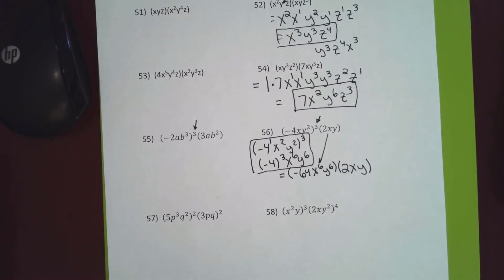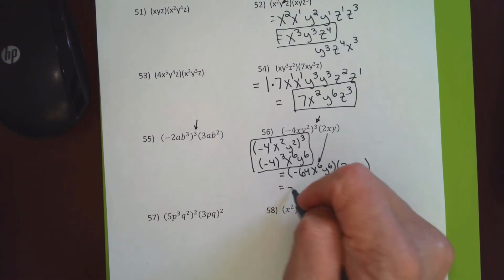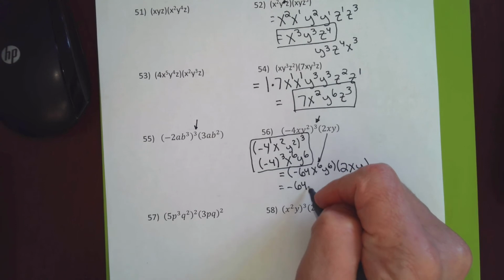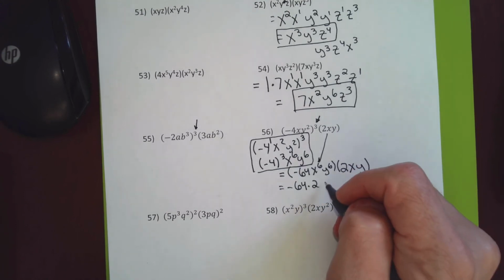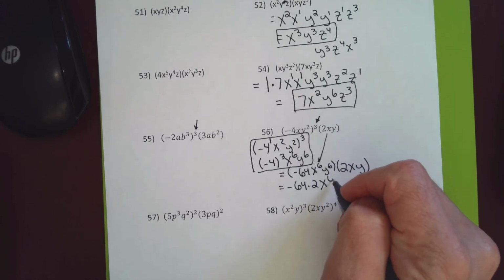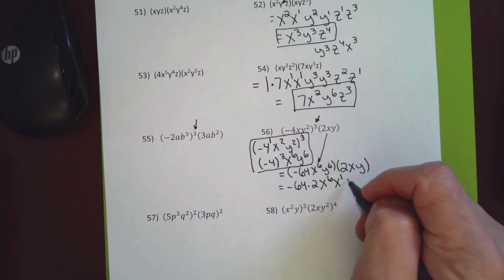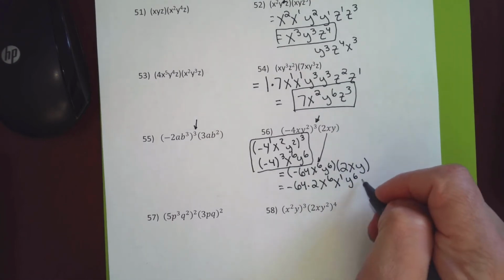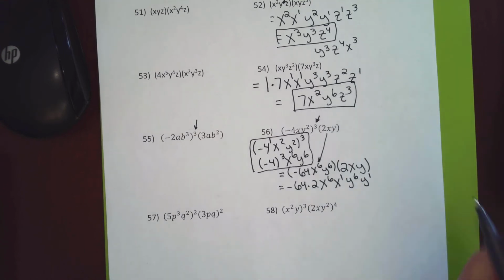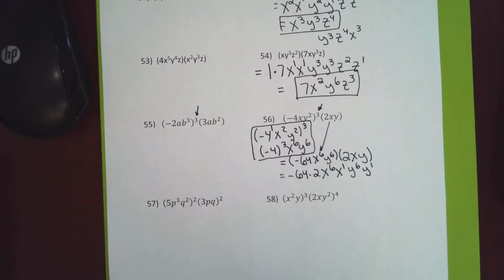Now I'm going to simplify. I'm going to multiply the negative 64 and the positive 2. I'm going to multiply the x to the 6th in the left parentheses times the x to the first in the right parentheses, the y to the 6th in the left parentheses times the y to the first in the right parentheses. Again, if there was addition or subtraction between the numbers and the letters, I can't do this.